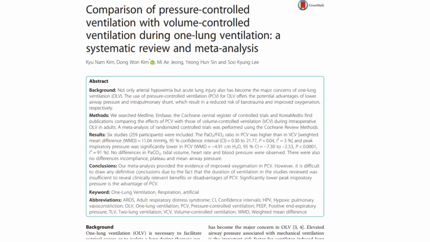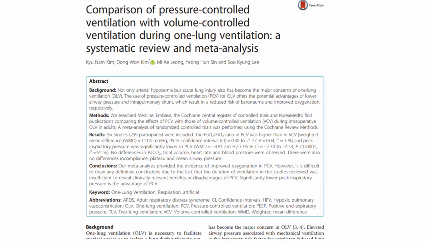Okay. So this study is showing a comparison between pressure control and volume control ventilation. It's a meta-analysis. There's no clear evidence which mode of ventilation is superior to the other.